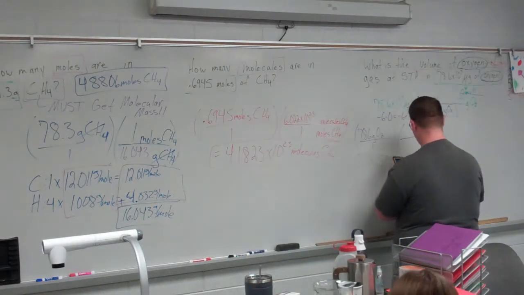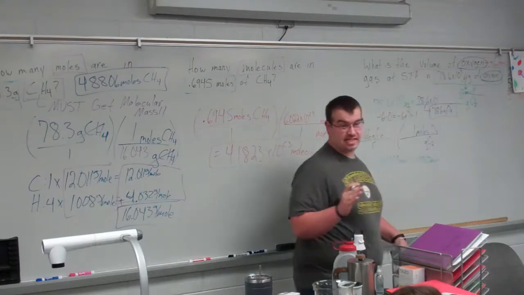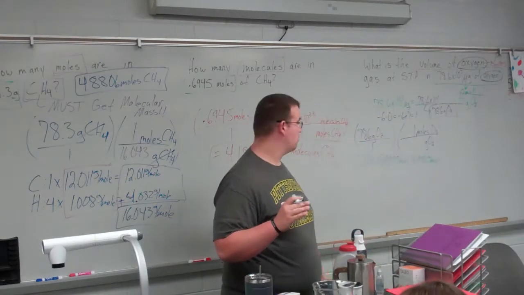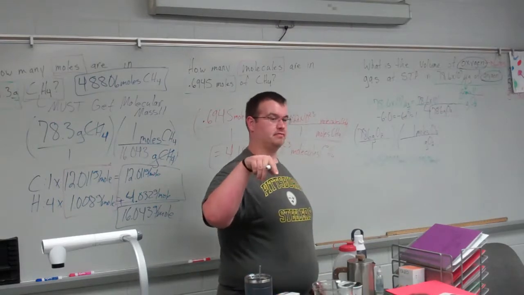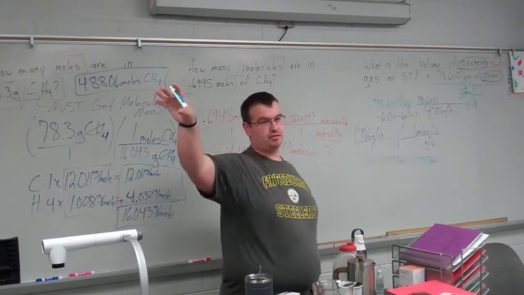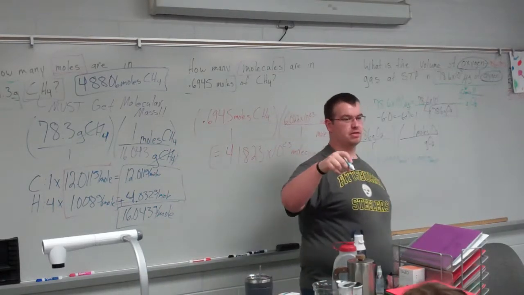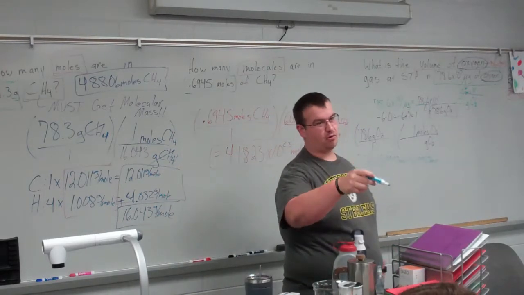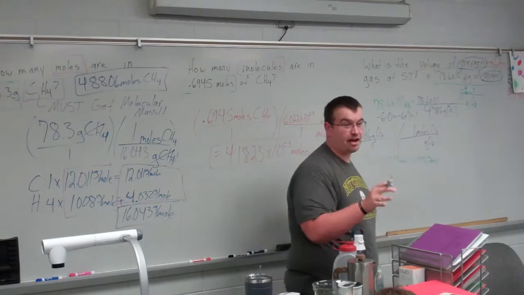So then we just work out the problem. And you work it from there. That's literally the trick. That's it. I'm just going to make it one big huge conversion. This one's not a single step. If you just took it to moles, now you'd have to take that number from moles, set up the conversion factor, and continue. But you're fine if you want to do it that way, Albert.